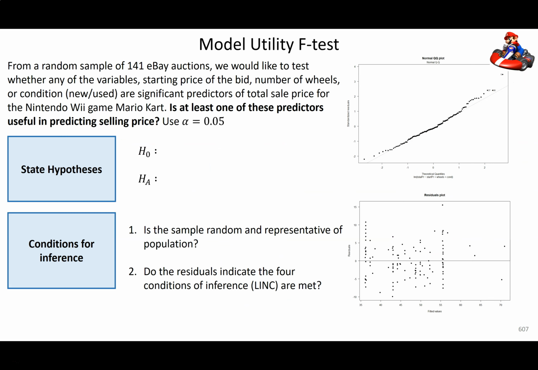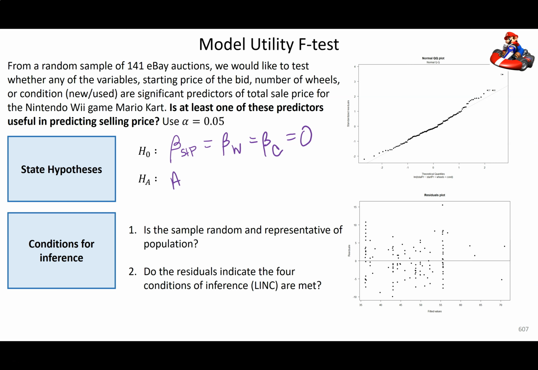So here, I want to go ahead and test. I'm going to say beta starting price is equal to beta wheels is equal to beta condition is equal to 0. So by default, I'm going to assume absolutely none of these three variables are useful in predicting selling price.